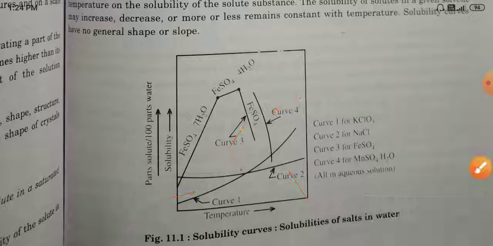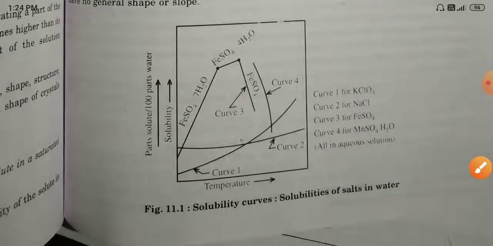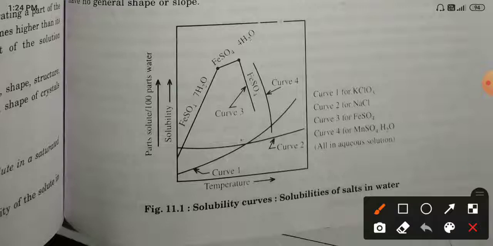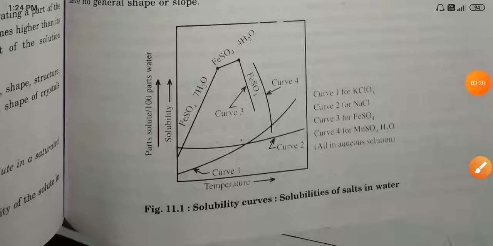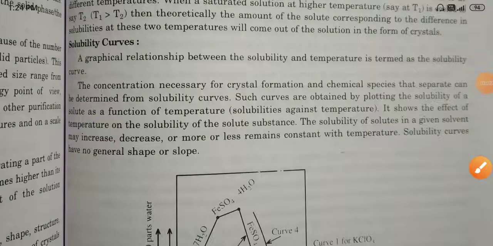Based on the diagram, we have seen the solubility curve, solubility versus temperature. Again, the graphical relationship between solubility and temperature is termed the solubility curve. The concentration necessary for crystal formation and the chemical species that separate can be determined from a solubility curve.